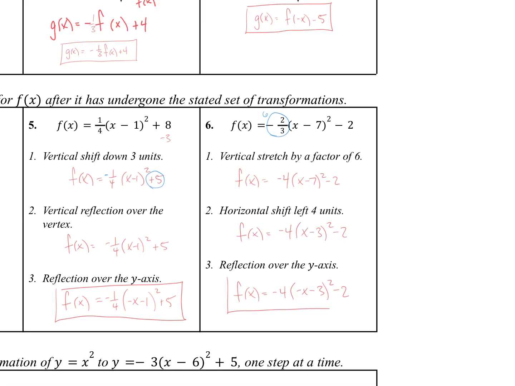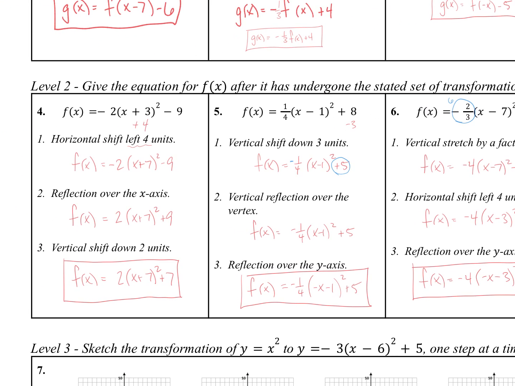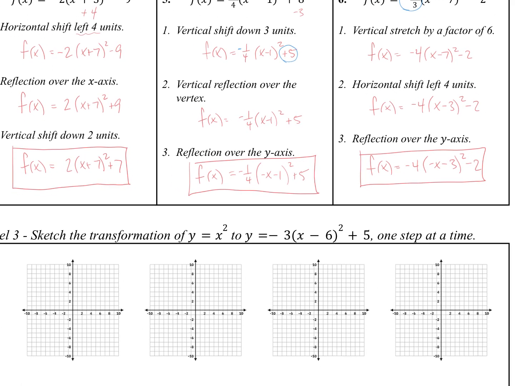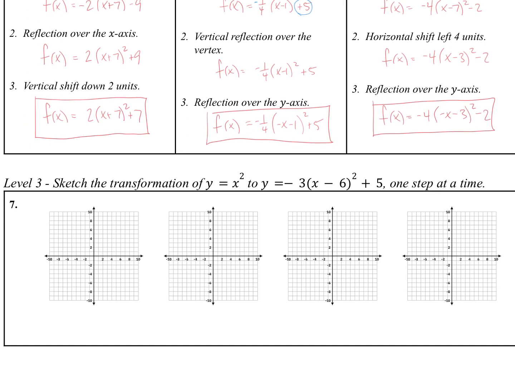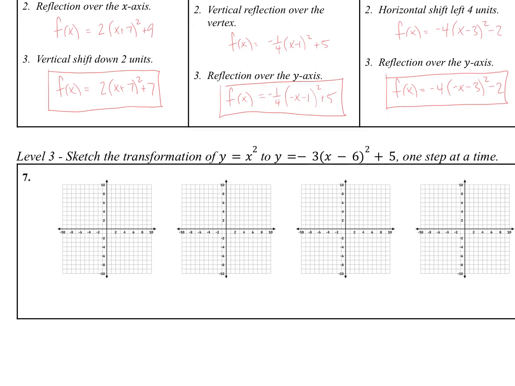Okay. And those are sort of the most straightforward version of these. Take an equation, do these certain things to it until you end up with a new equation. All right, and then finally we're actually going to do this with graphing. So we're going to graph y equals x squared, one piece at a time, until it becomes this function. So the first piece, I want to sort of treat it like PEMDAS.